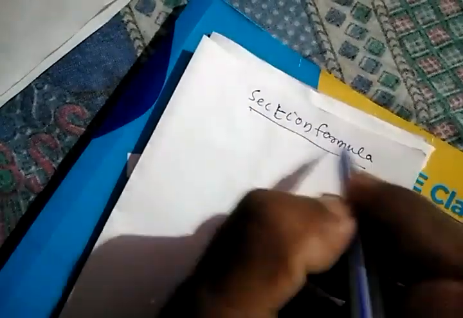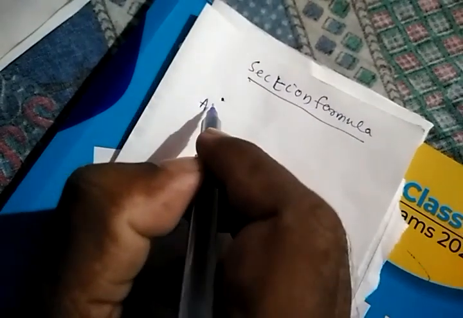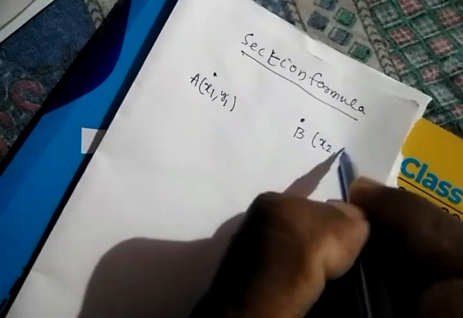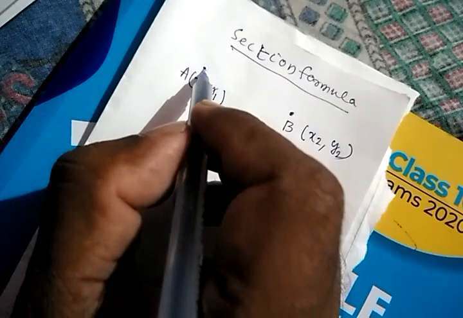Before we understand what the section formula is, let us discuss. Suppose you are given 2 points on the plane, A whose coordinates are x1, y1 and another point B whose coordinates are x2, y2.